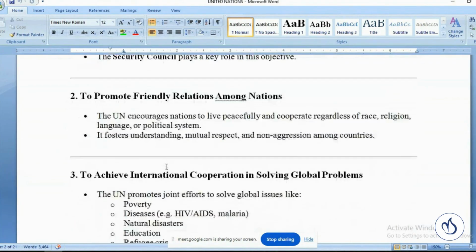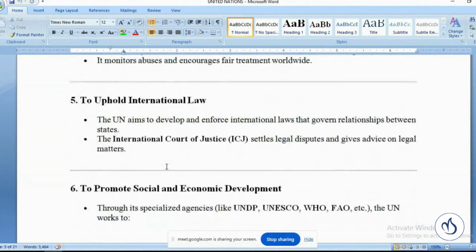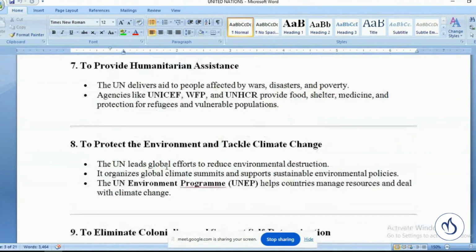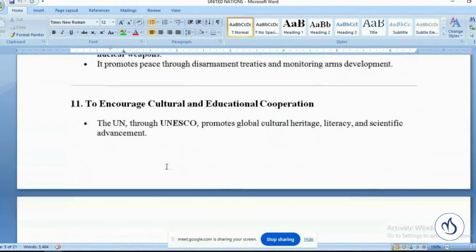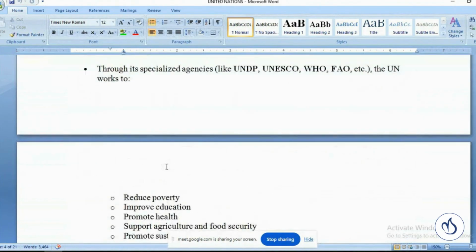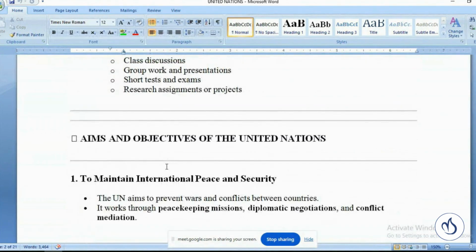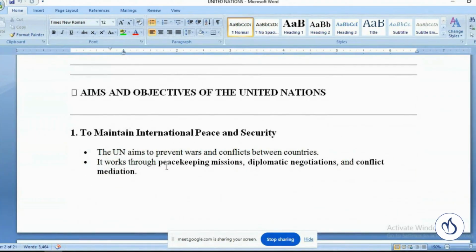What I want us to know more about the UN, because when we are looking at the UN, we highly see it in this country, is its aims and objectives.